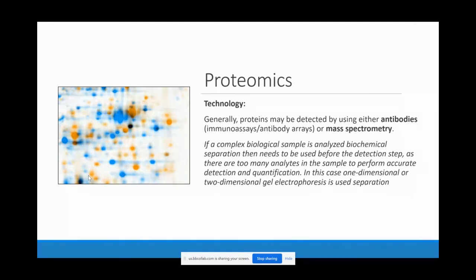So I want to remind you guys that some of these technologies that are really good when you just want to look for one protein or maybe just a couple proteins don't work very well when you're literally looking at hundreds or thousands of proteins, because it's very hard to separate them out. So you need a technology that's very specific and that you can do on a large scale.